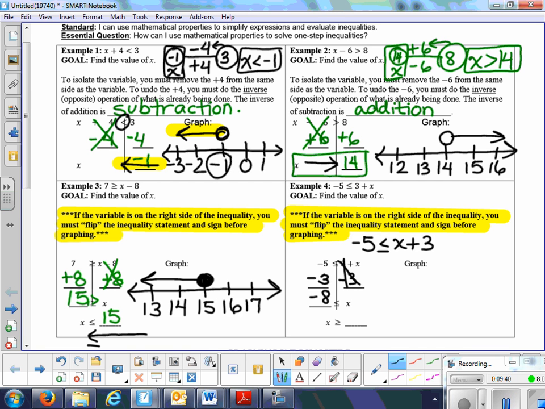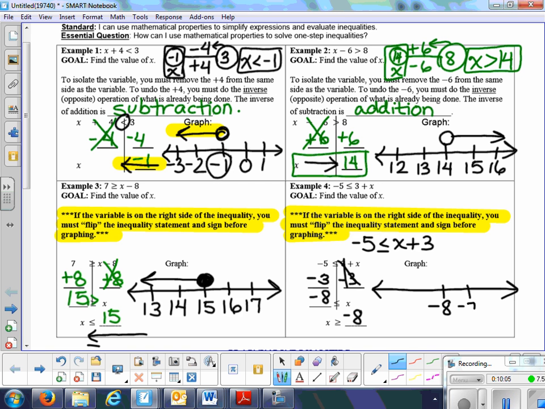And again, we're going to flip that around, and we're going to make that x is greater than or equal to -8. And the reason that we flip that, again, is to make sure that when we graph it, we're going to graph it with our arrow pointing in the correct direction. -8 has to be on my number line because it is my solution.